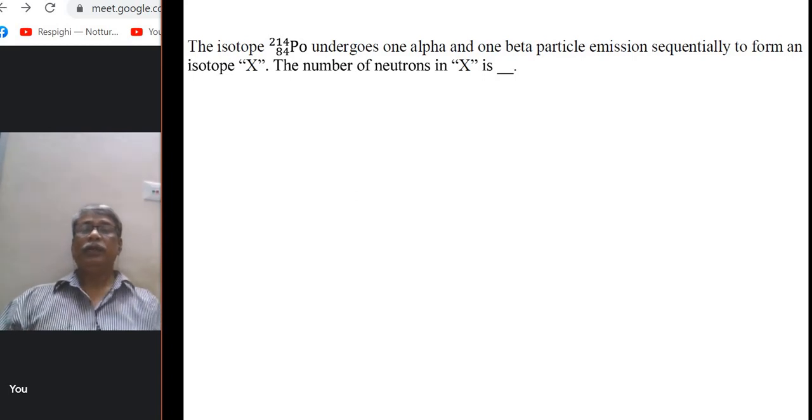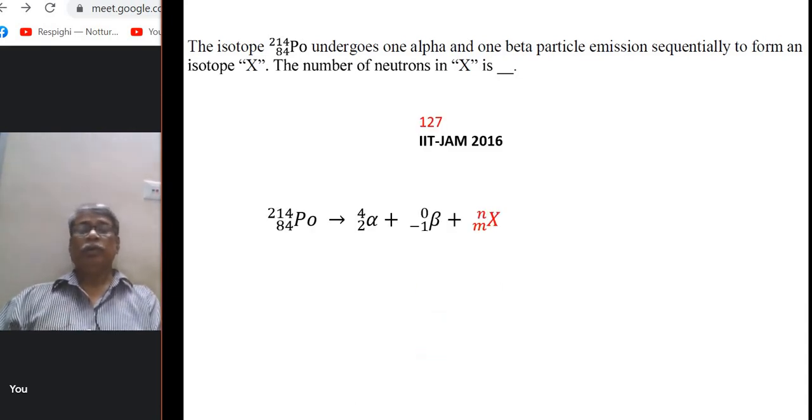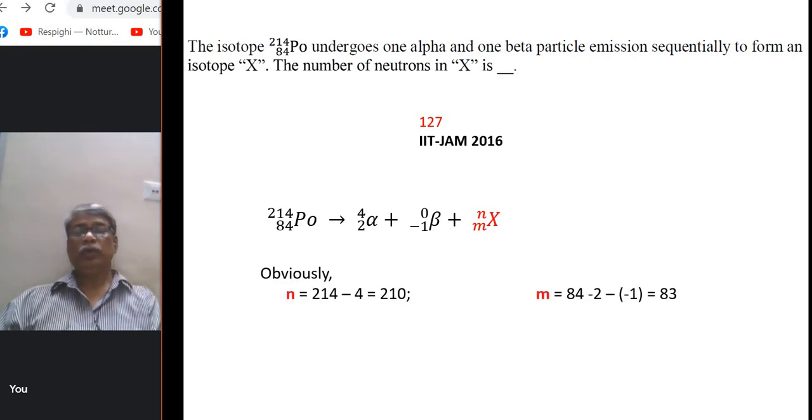Next question: the isotope undergoes one alpha and one beta particle emission sequentially to form an isotope X. So the number of neutrons in X is, well, so that is given, that alpha, beta and X unknown with m charge and n mass. So what we will do, you will just balance charge and mass separately. So you will get two equations actually.